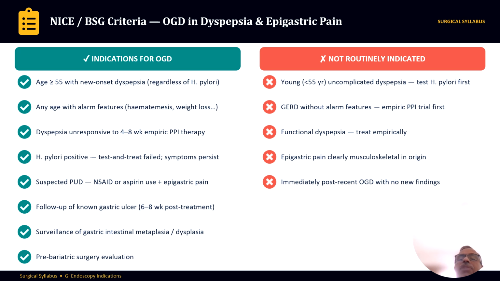Any epigastric pain which is clearly of musculoskeletal origin has obviously no indication for OGDS. And immediately after a recent OGDS with no new findings, you don't have to repeat it. In such cases, you don't repeatedly do an OGDS. I hope now it is clear when to order upper GI endoscopy in a patient who comes to you with dyspepsia or epigastric pain.